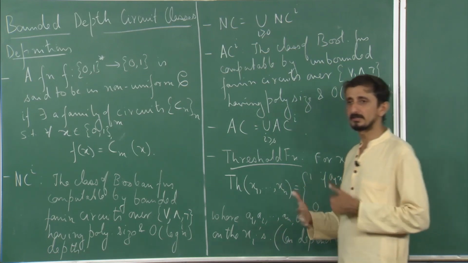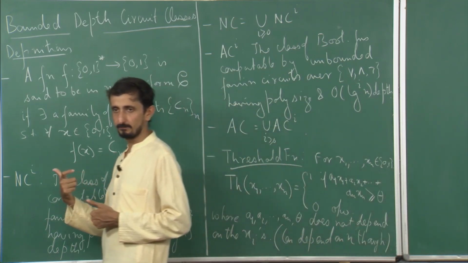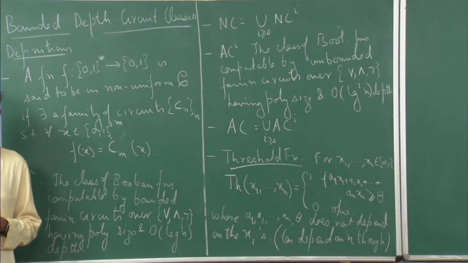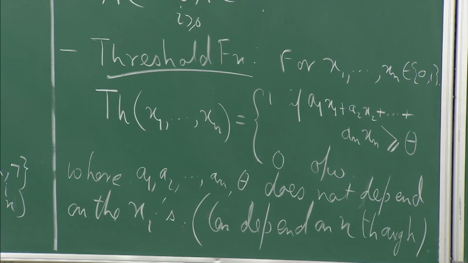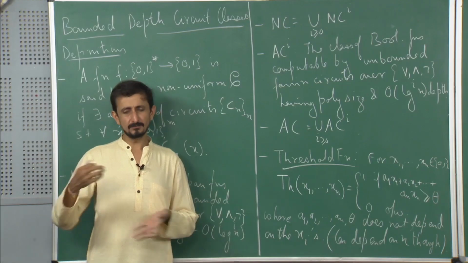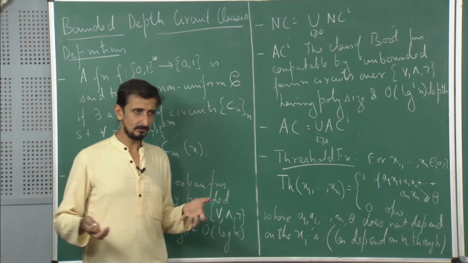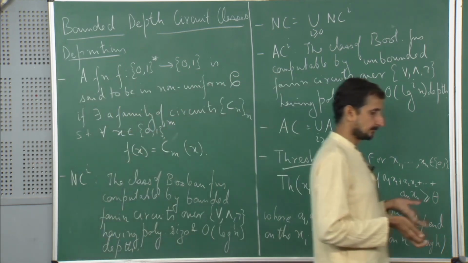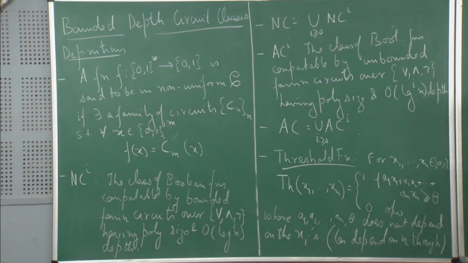They are constants because they do not depend on the specific input, they do not depend on the x's, but they can change with n. Maybe for n equal to 1 you have some a1 and some theta, for n equal to 2 you can have a different set and so on, but for the respective x's they do not change. So, they are constants for a fixed n.